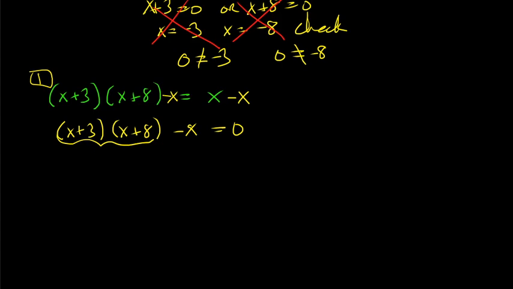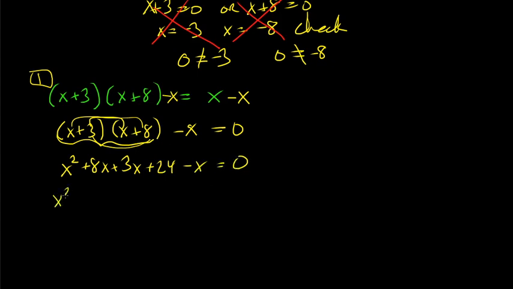Okay, so let's do that. Just FOIL it out. First, x times x, there's the x squared. Then x times 8 is 8x. Then 3 times x is 3x. Then 3 times 8 is 24. So what do we get? We get x squared. 8x plus 3x is 11x.